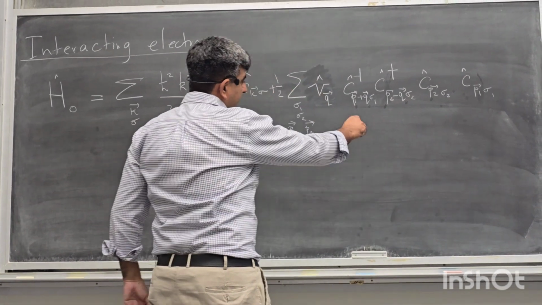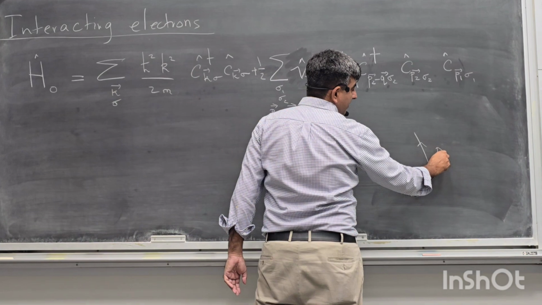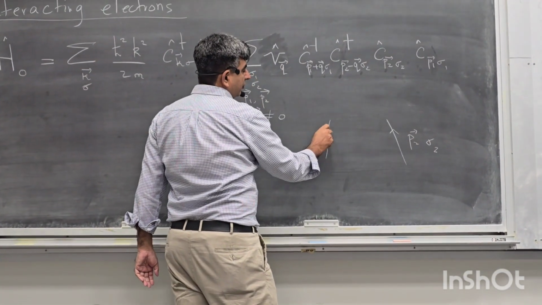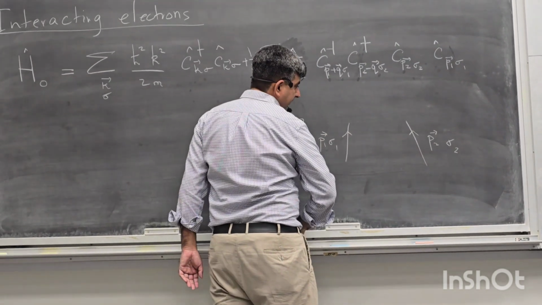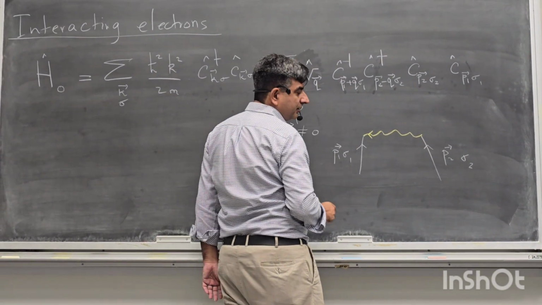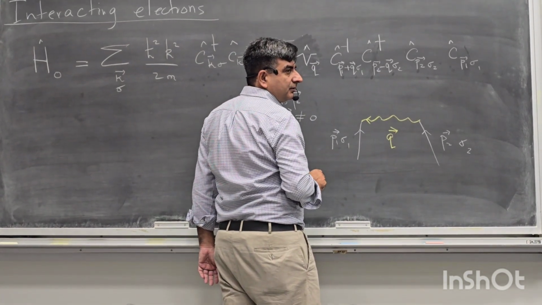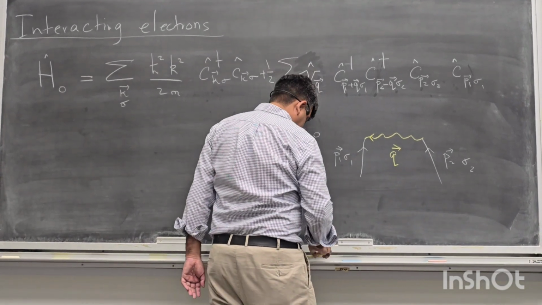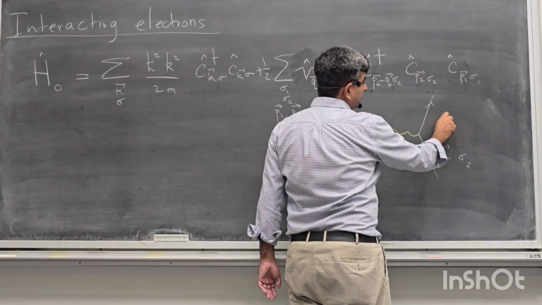And if you want to diagrammatize this, an electron of momentum p2, spin σ2, coming in, an electron of momentum p1, spin σ1 coming in, and then there is this electromagnetic interaction, Coulombic interaction, which is resulting in the transfer of a particle of momentum Q. Okay, and this leads to creation of a particle.